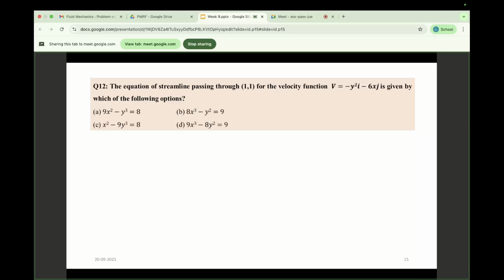Please try to solve this, because for this one you need nothing else, you just need the velocity vector, the streamline. You need to know the basic formula of the streamline, and accordingly using integration and all these things you will be able to solve this one. So please try to solve this one.